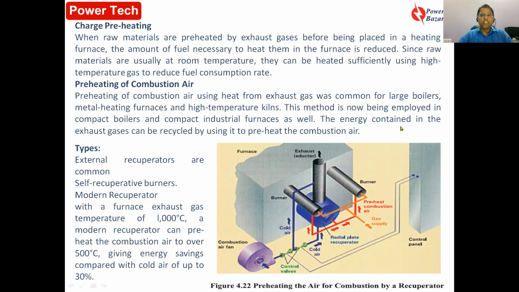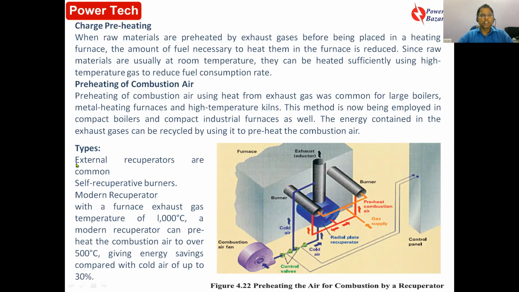Now, the energy contained in the exhaust gas can be recycled by using it to preheat the combustion air. If we can utilize the energy of the exhaust gas to preheat the combustion air, then your efficiency will also improve. These are basically known as recuperators. There are various types of recuperators.